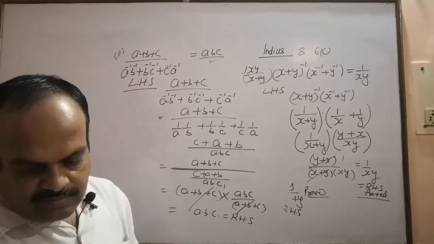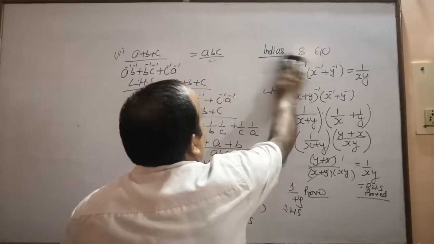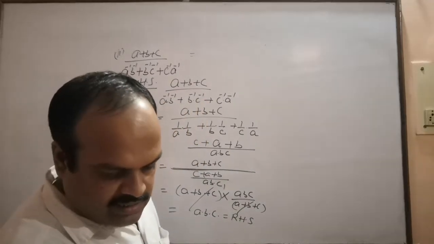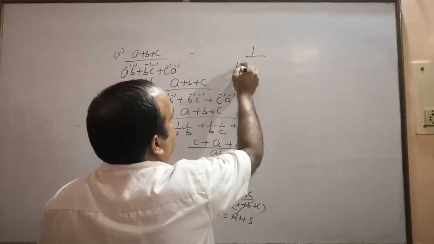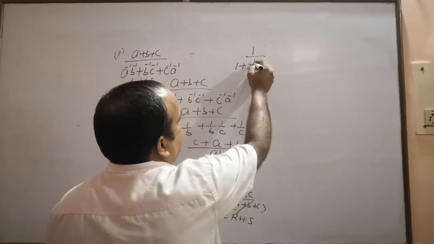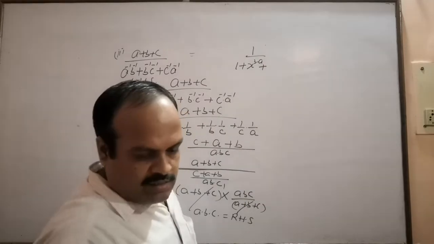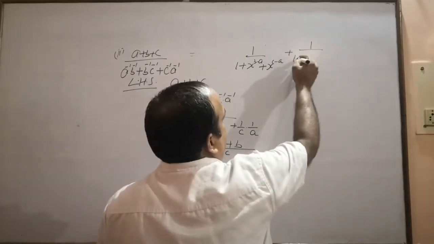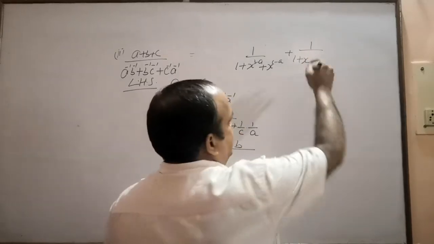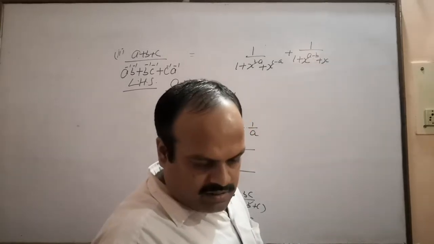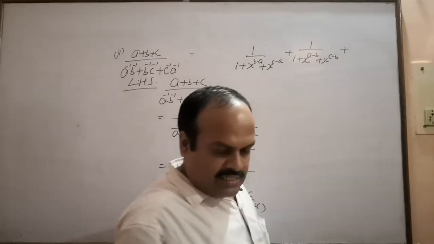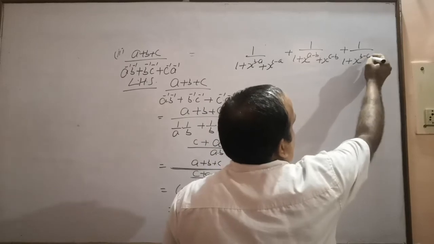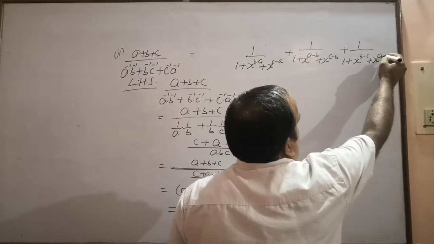Next is the fourth one. What is that? That is 1 upon (1 plus x to the power b minus a plus x to the power c minus a), plus 1 upon (1 plus x to the power a minus b plus x to the power c minus b), plus the third fraction 1 upon (1 plus x to the power b minus c plus x to the power a minus c).